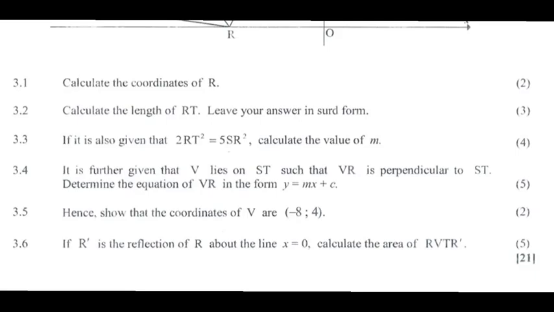3.4. It is further given that V lies on ST such that VR is perpendicular to ST. Determine the equation of VR in the form y is equal to mx plus c.